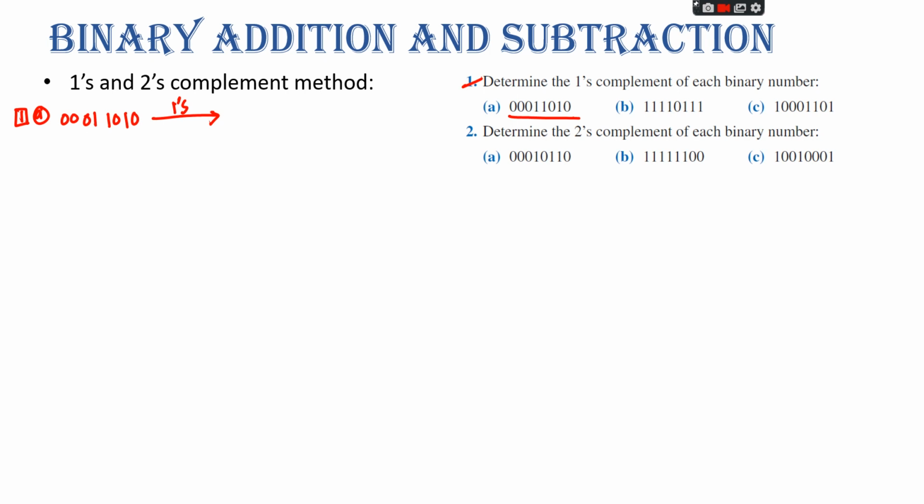In simple words, we just need to complement the number that is given here. Wherever you have 0, we replace that 0 with 1, and whenever we have 1, we replace that 1 with 0. You are getting my point, right?